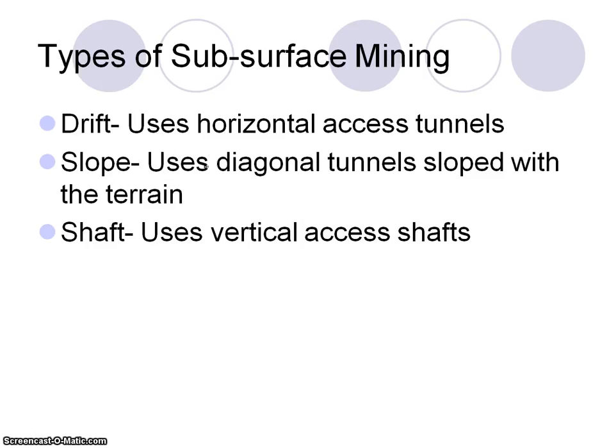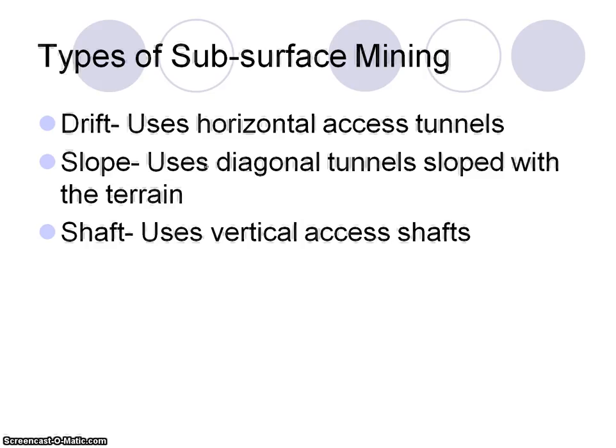If it's a little bit deeper, you can get a slope subsurface mine, and then the most common, when we think of subsurface, the most common would be a shaft mine. It's going to be a vertical tunnel drilled into the earth, anywhere from 500 feet to 2 to 3 miles. The deepest one on the planet is 3 miles down in South Africa, in Johannesburg.